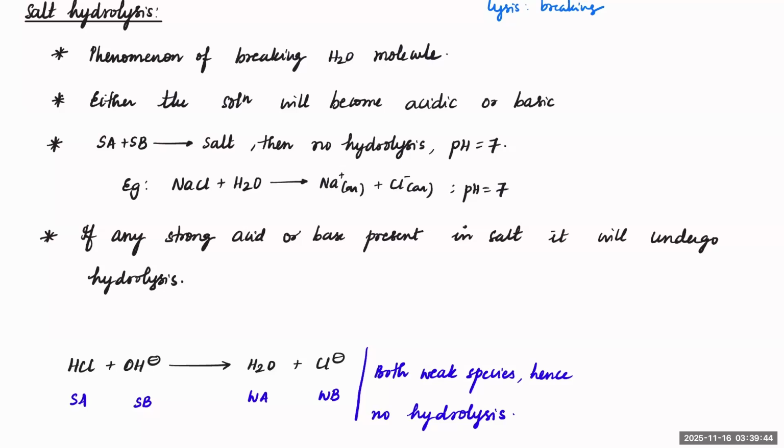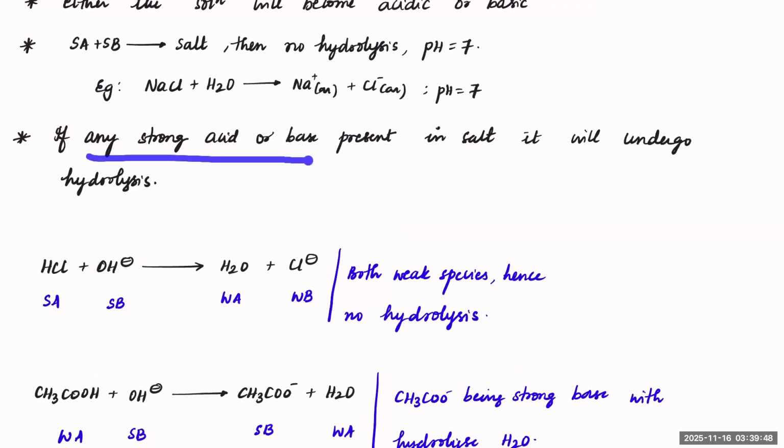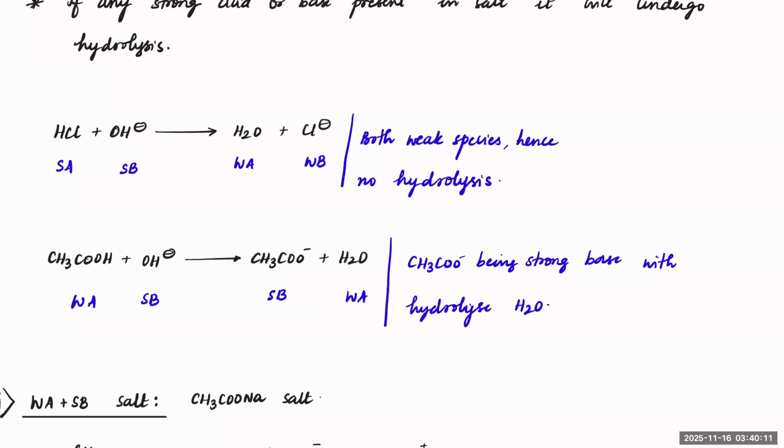So what is the learning from here? Notice, if any strong acid or strong base is present in the salt as a part of the salt, they do not make any hydrolysis. But if the acid or base is present as a conjugate acid or a conjugate base, that will undergo hydrolysis.